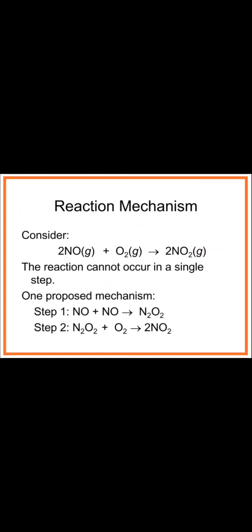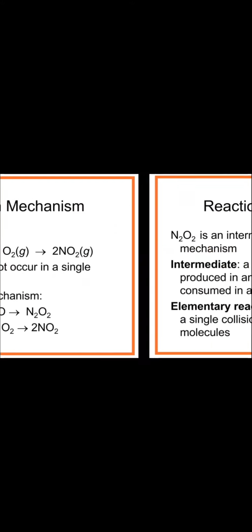Here N2O2 gas is formed in one step and consumed in another step. So this reaction, 2NO gas reacting with oxygen gas forming 2NO2 gas, consists of two steps. The study of these two steps is the mechanism of this reaction.